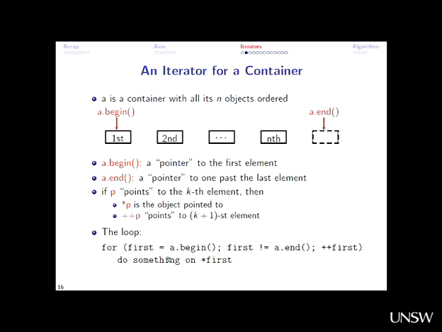We've seen this loop a few times, probably with auto in front of it: for first equals a.begin, while first is not equal to the end, move forward on first, and then do something with it. That's the type of iteration you've probably seen before in, if not C++, other programming languages.